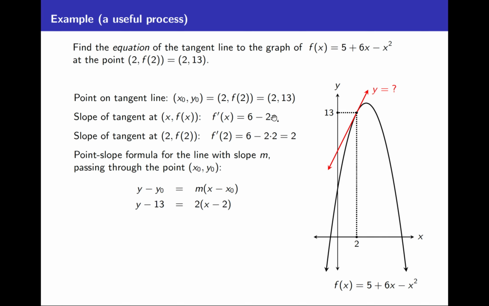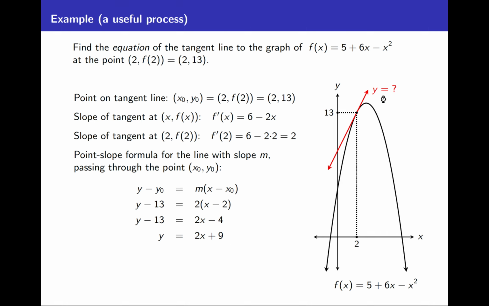Plugging in the data, y naught is 13, the m is 2, that's our slope, and then x naught is the number 2. So we get y minus 13 equals 2 times x minus 2. Distributing that 2 in, y minus 13 equals 2x minus 4, and then adding the 13 to both sides, we finally get y equals 2x plus 9. That's a y equals mx plus b. That's the equation of our tangent line.